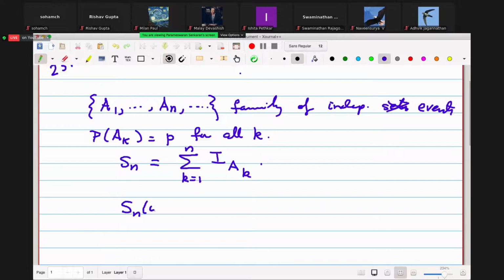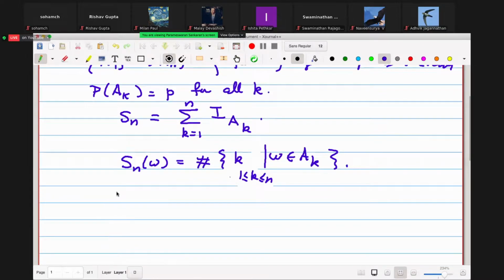Sn of omega is the cardinality of the set of all k such that omega is in Ak, where 1 less than or equal to k less than or equal to n. All right. So that is Sn of omega.